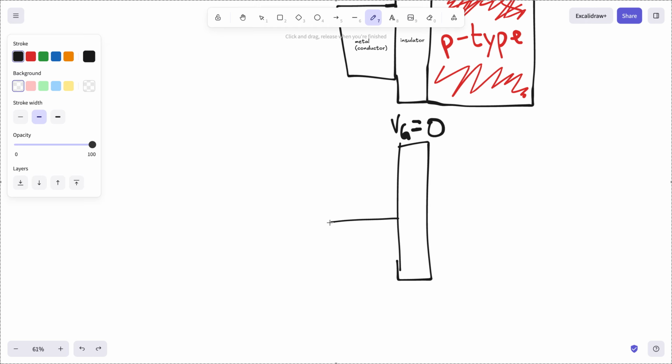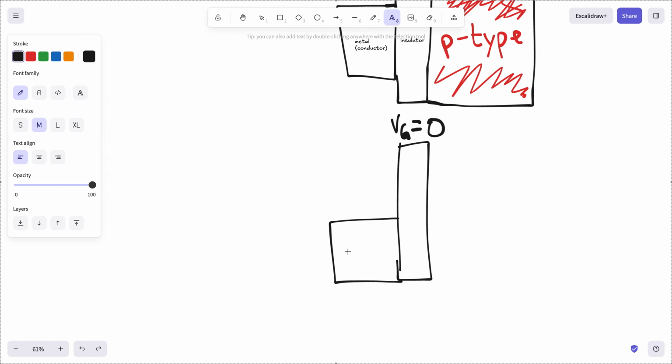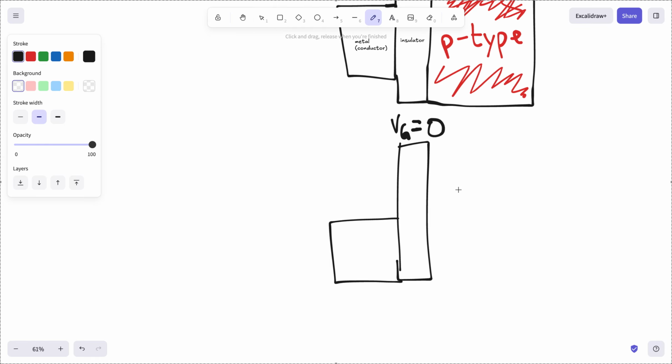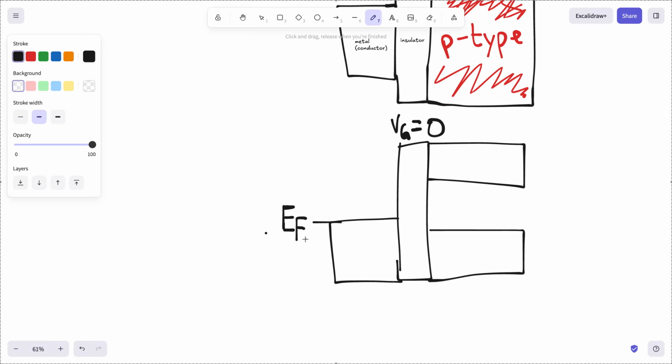So we have our metal, and we have our semiconductor. Like this. And here we have the Fermi level of the metal, and here is the Fermi level of the semiconductor.